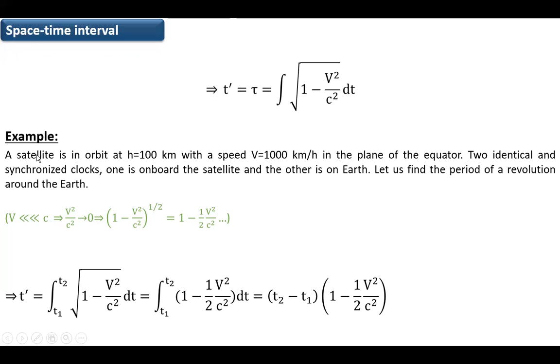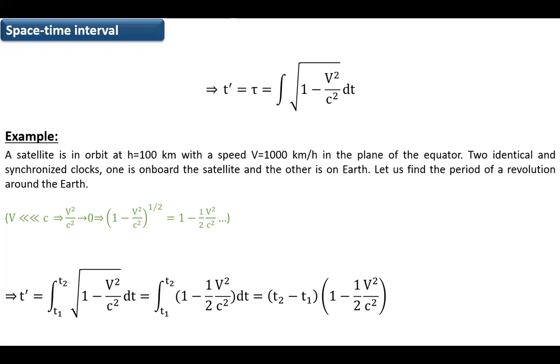One is placed on a satellite, which was in orbit at a height of 100 kilometers with a speed of 1,000 kilometers per hour above the equator, in the plane of the equator, in a circular orbit.